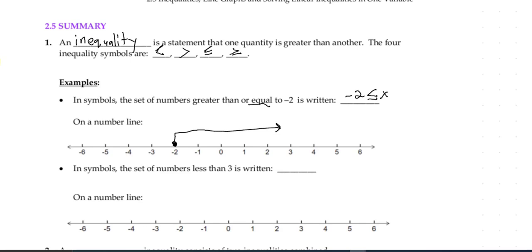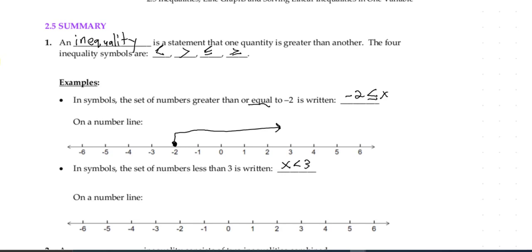Okay. Next, it says in symbols, the set of numbers less than 3. So x is going to be smaller than 3. So again, the inequality always points to x. But notice the word equal doesn't appear in there. It's less than 3. So there's no equal sign. There's no line underneath the symbol.